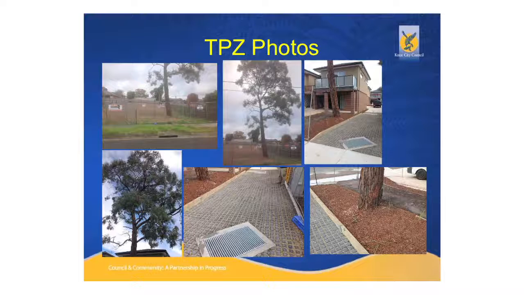So they'll use all sorts of excuses, mess and so forth. This is a cephalocarpa that we went to great pains to keep, an indigenous tree in Knoxfield. You can see it over the roof. This tree is now gone. That one's still there, but this one we allowed to be removed because by the time they cut everything off the roof, there was nothing left. And again, there was a compromise about constructing within the TPZ there. Yes, the roots weren't damaged, the house isn't damaged, but it's a no-win situation for the tree.